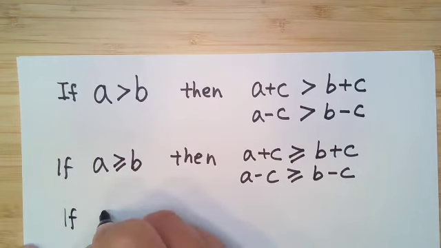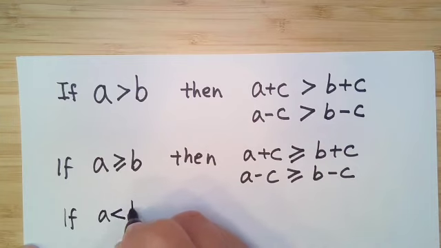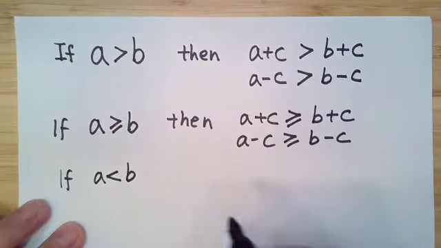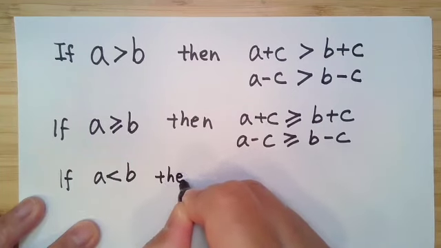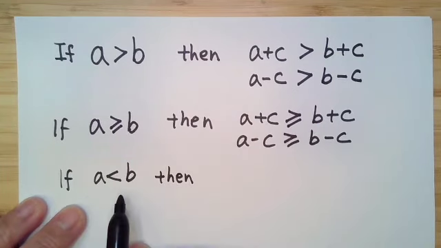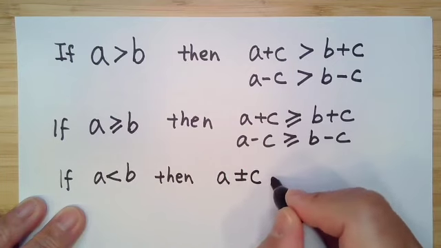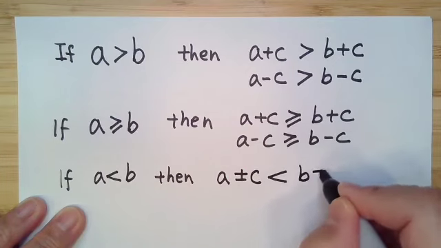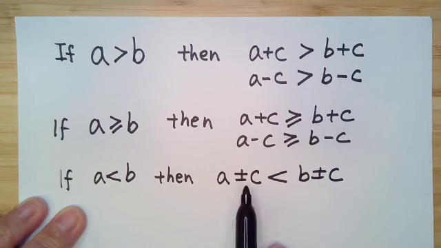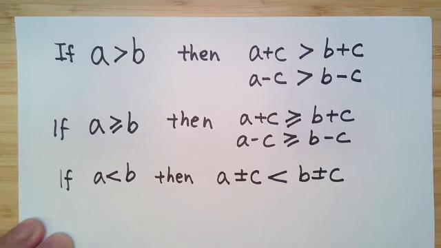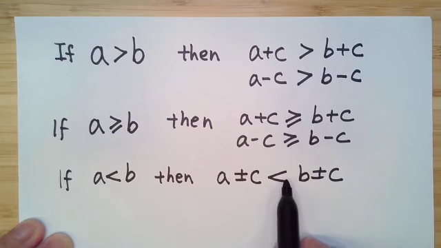so of course usually the book gives you all the situations, and it should be the same thing. I believe you should be able to do this by yourself. If A is less than B, then A plus or minus C will be less than B plus or minus C. Of course, if here's a plus, here should be plus, here's minus, here should be minus, and you still have this less than sign.